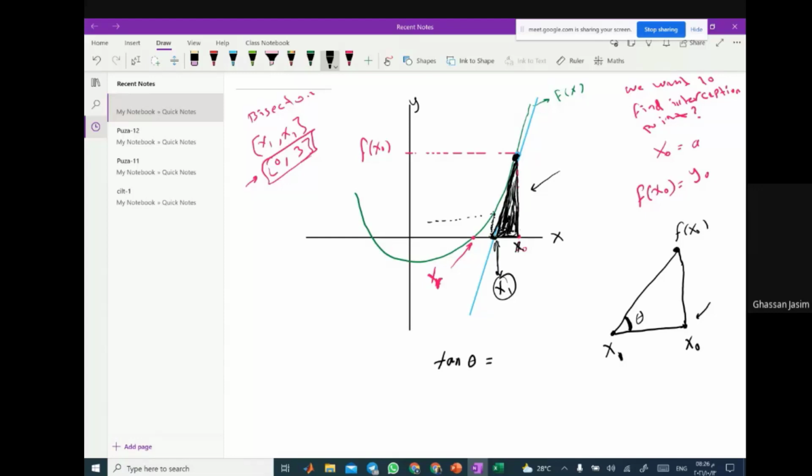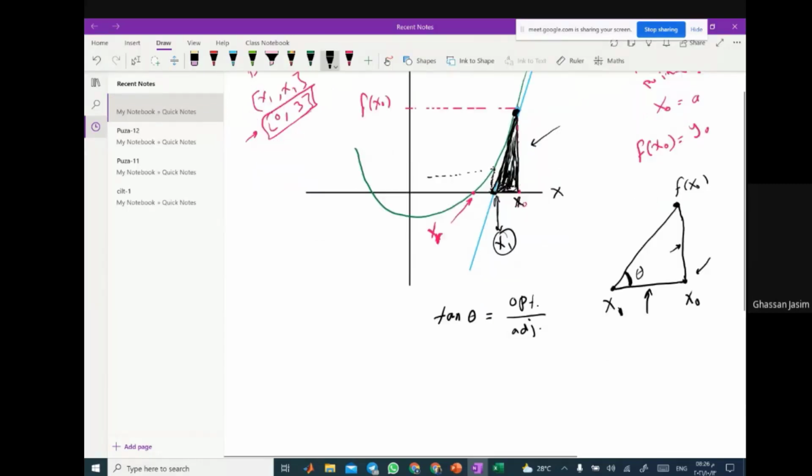Who tells me? Opposite over what? Adjacent. Is that true? Yes. Good.